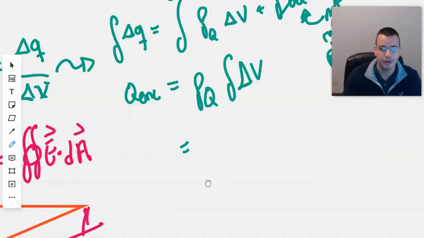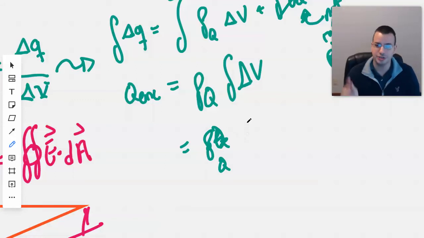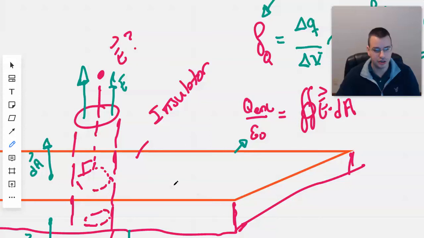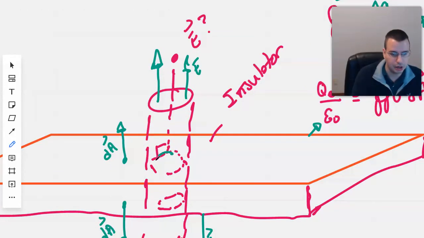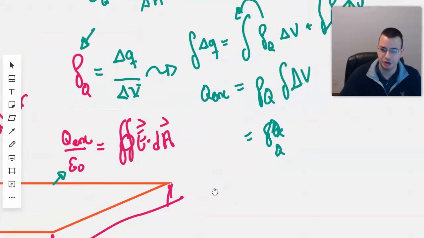Okay, so then here we're going to have rho, the charge density, times the volume of our Gaussian shape that encloses the plane. And that's just going to be a small cylinder that intersects the plane.